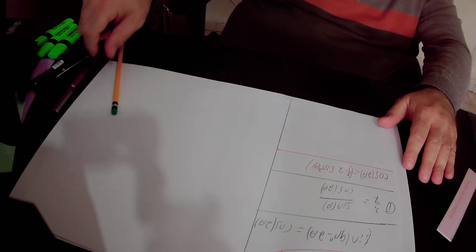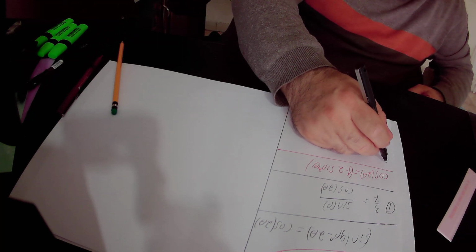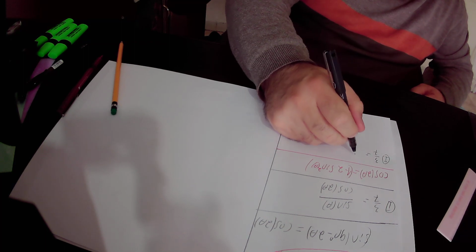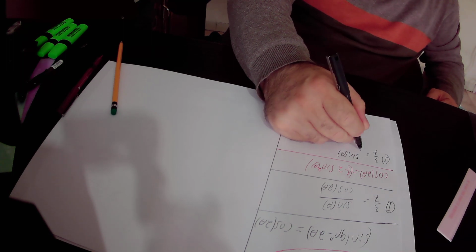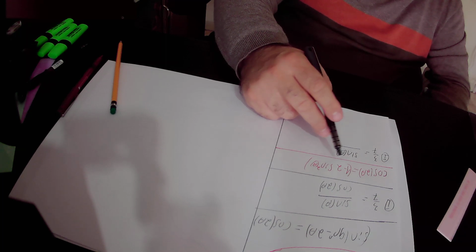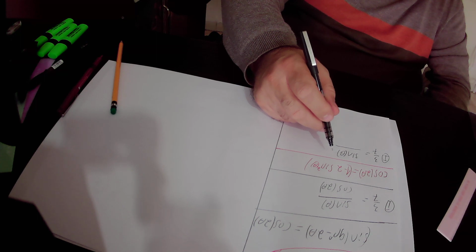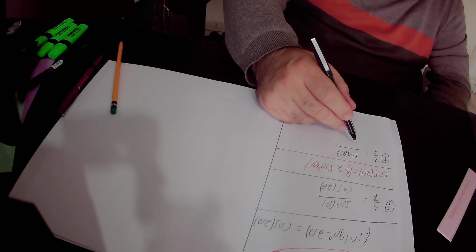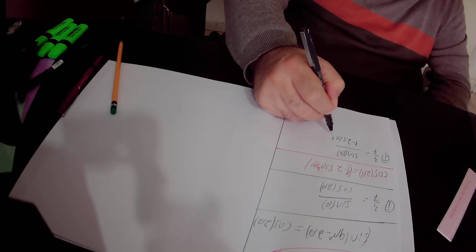We'll do it now, and we will get that 3 over 7 equals sine theta over 1 minus 2 sine square theta.